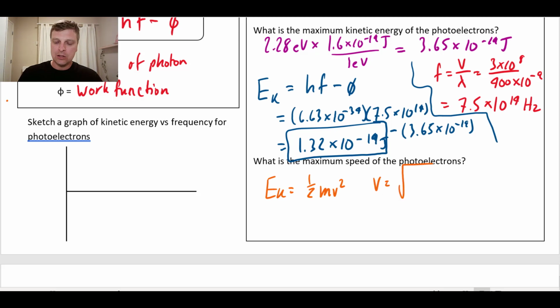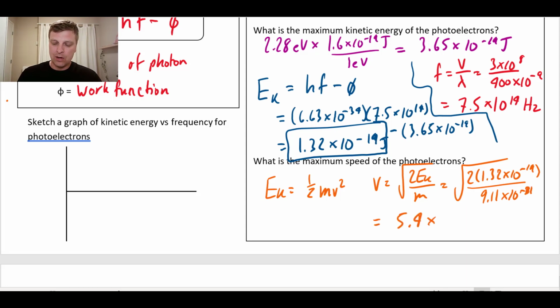So the speed is just the square root of 2 EK over m, which is the square root of 2 times 1.32 times 10 to the negative 19. The mass of an electron, you might recall, is 9.11 times 10 to the negative 31. And so this ends up being about 5.4 times 10 to the 5 meters per second, which, it's always nice to see that my electron is not traveling faster than the speed of light. So that's perhaps a reasonable answer.